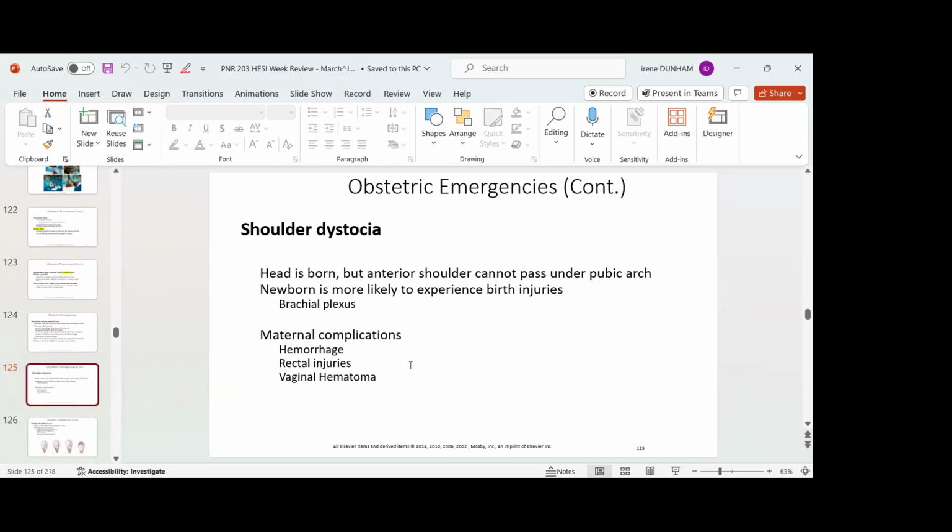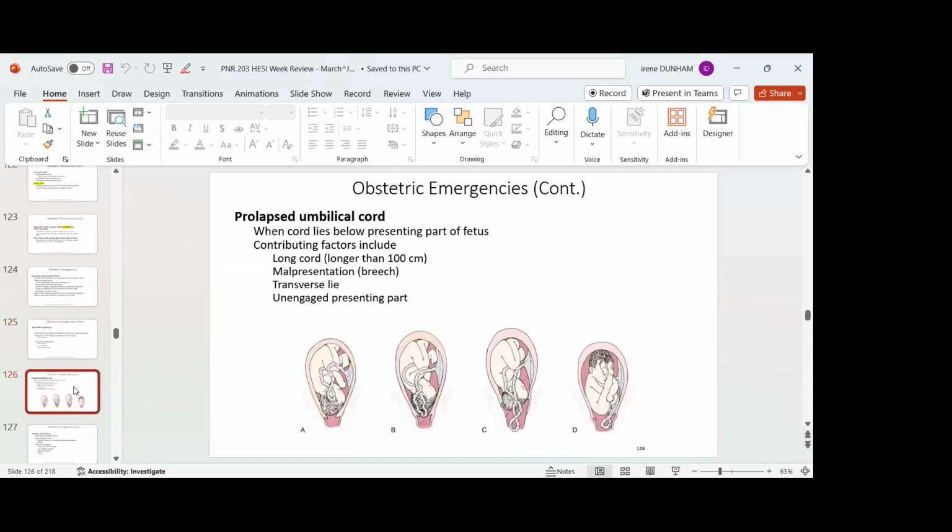And if mom has complications, mom can hemorrhage. She could have rectal injuries. And the worst thing too for her is a vaginal hematoma. That's usually a hematoma in the vulva, which is very, very painful. Okay.